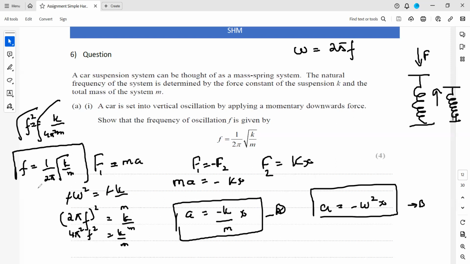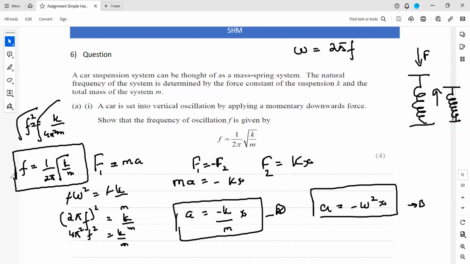So the frequency of a system performing simple harmonic motion, or the frequency of a mass spring system, is given by the formula f equals 1 over 2 pi under root k divided by m. I did this derivation in last week's explanation. If you have the time, you can also derive a formula for the time period.